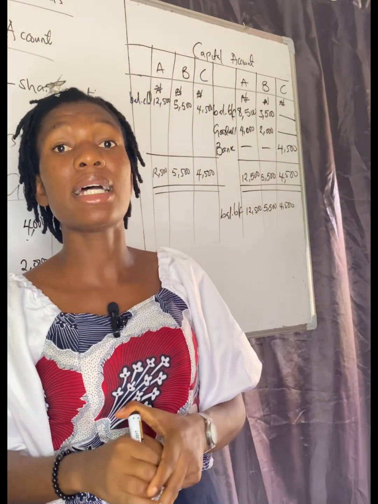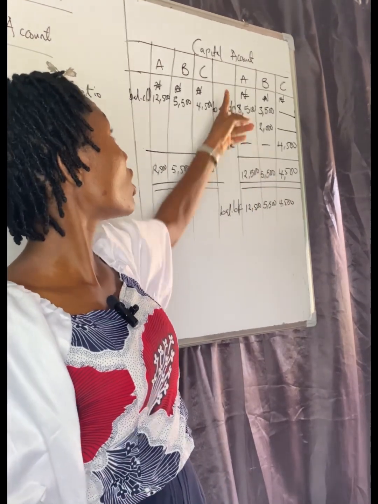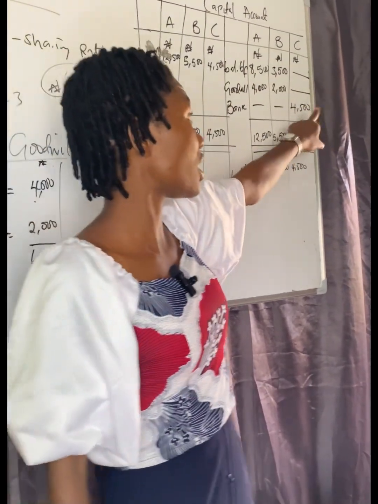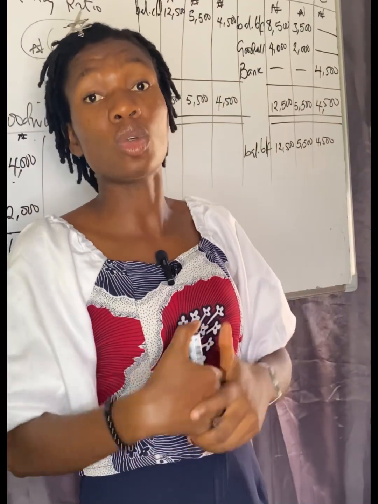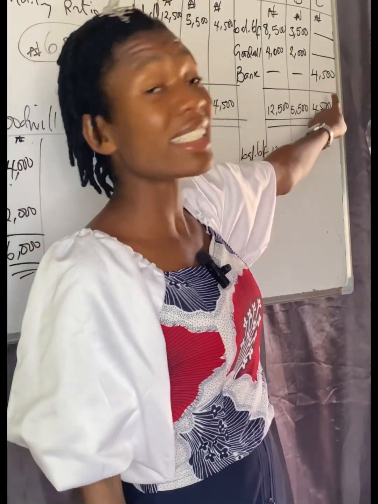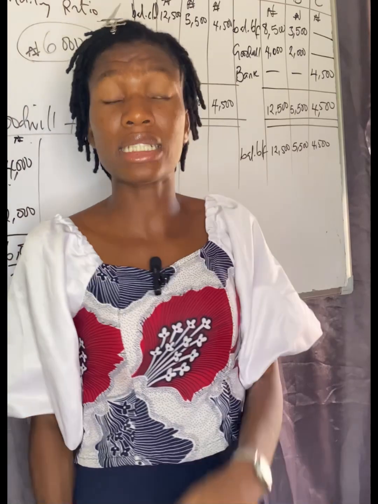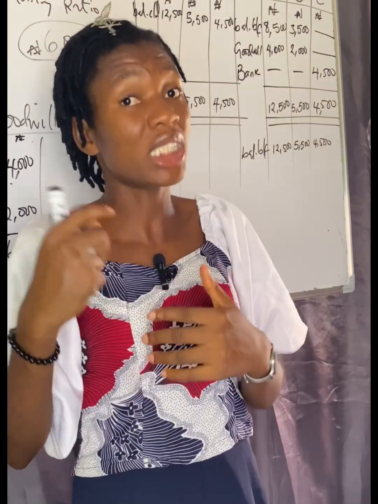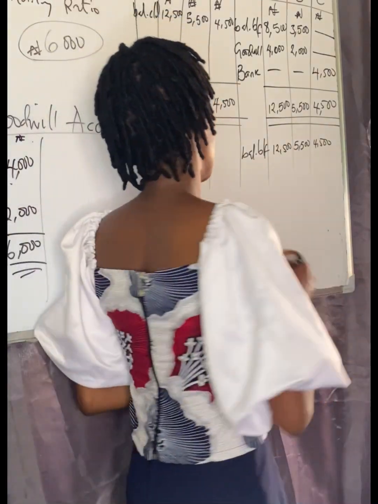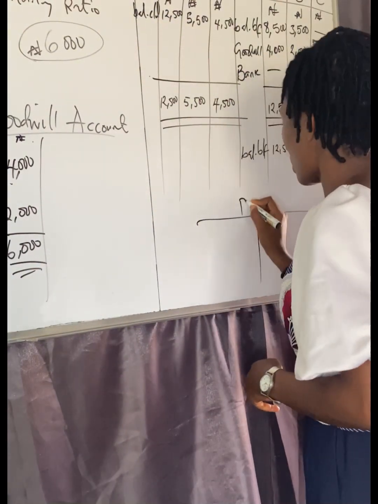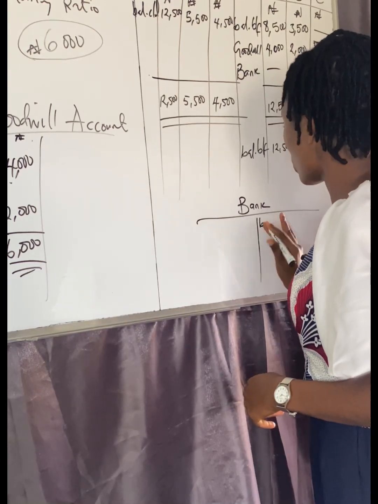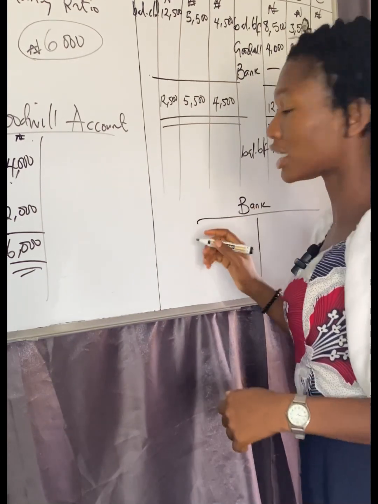Now, like I just said, C will be bringing his capital. He was bringing 4,500 into the business as his own capital. Since we are accepting this money into our bank as capital, that also means that our bank balance should be increasing. So if we were having 300 naira in our bank as our balance, that should be a debit balance, an asset.